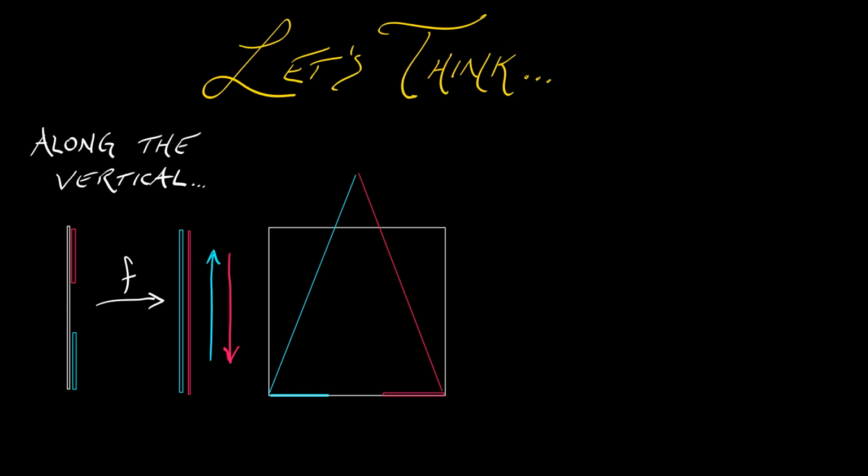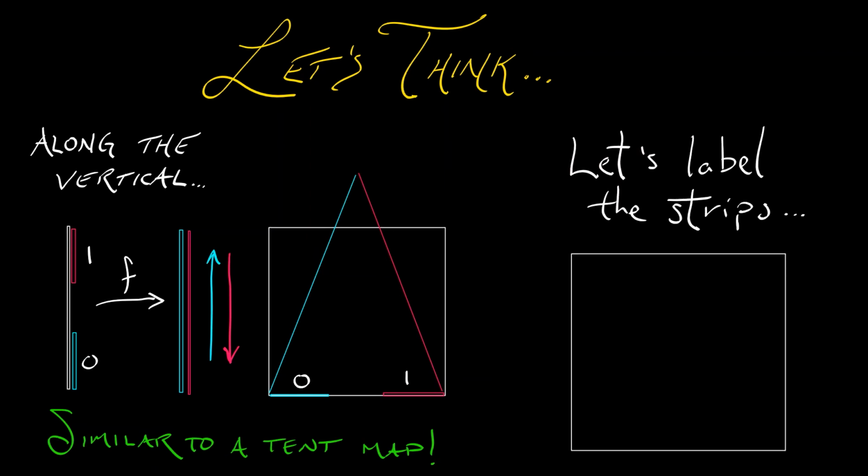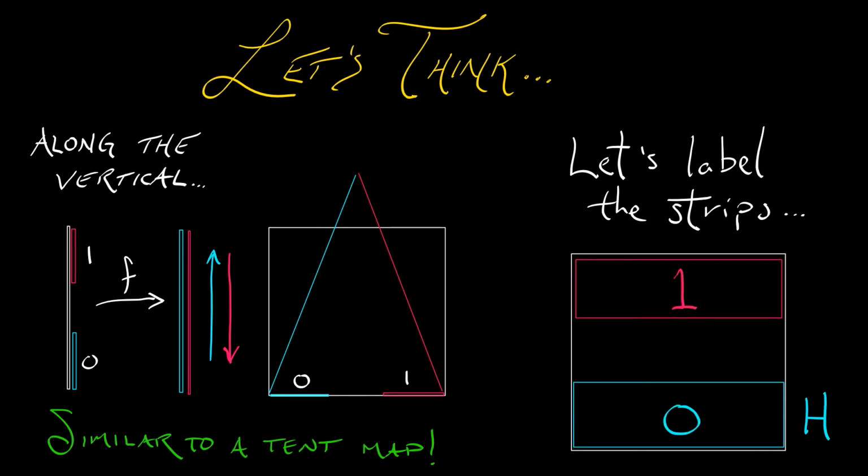And recalling the way that we set up symbolic dynamics for the tent map, where we have the first interval being labeled 0 and the second interval being labeled 1, well, we could pull that back to the entire square for the horseshoe map. And those little subintervals, 0 and 1, become these horizontal strips. Let's label these strips 0, 1, or better yet, let's label them H0 and H1 for the horizontal strips, since we've got a lot of different strips going on in the horseshoe.